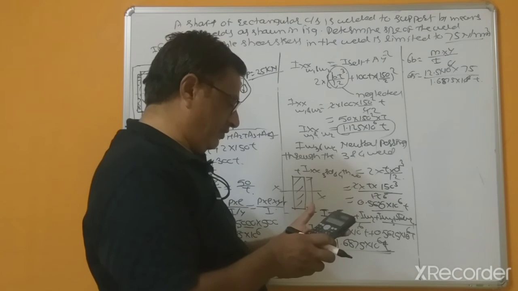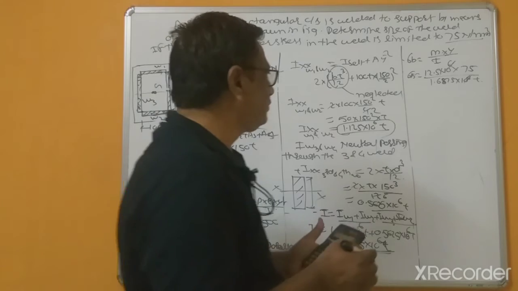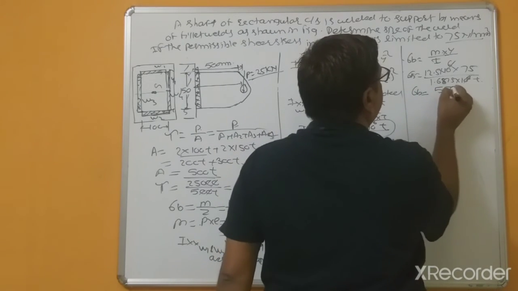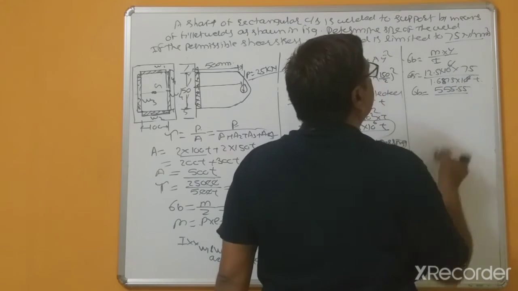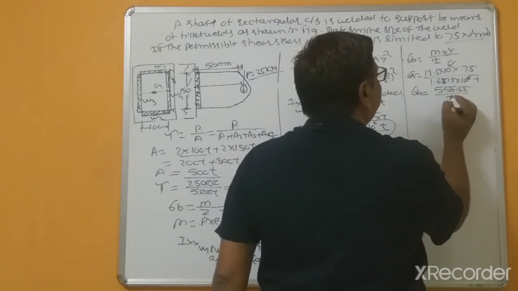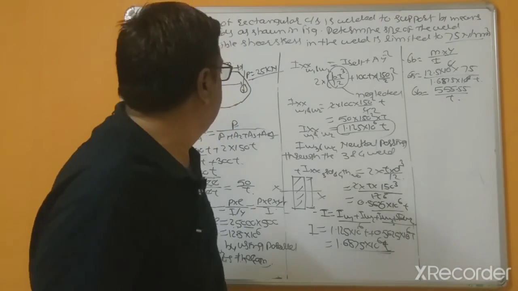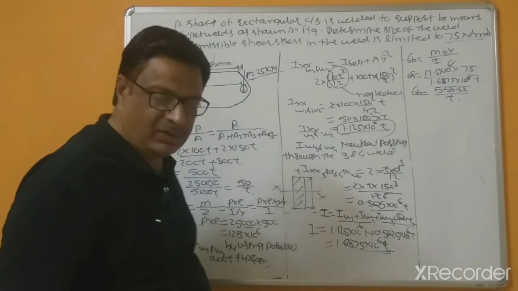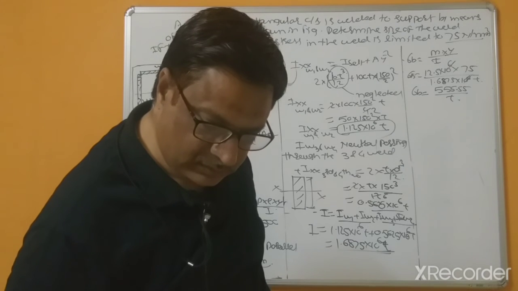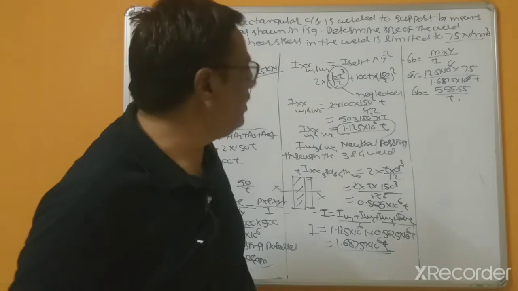Multiplied by 12.5 multiplied by 75, the bending stress sigma b equals 555 divided by T. I will check my answers. It was correct, I think. Everything is correct.